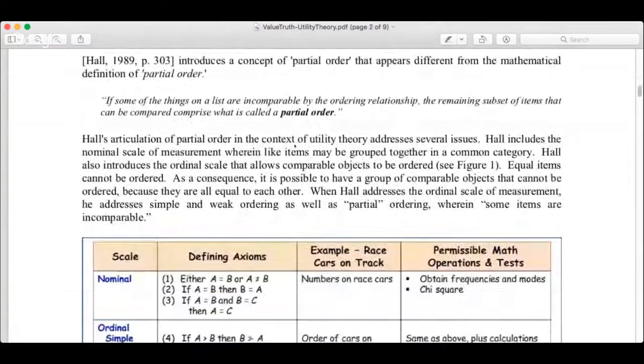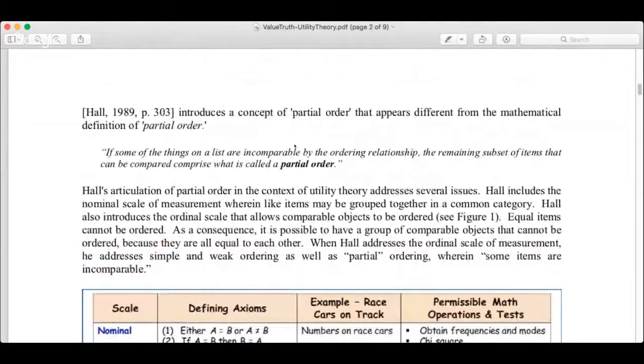Now, Hall, when he goes through and talks about utility theory, talks about this idea of partial order. If some of the things on the list are incomparable by the ordering relationship, the remaining subsets of items that can be compared comprise what is called a partial order.